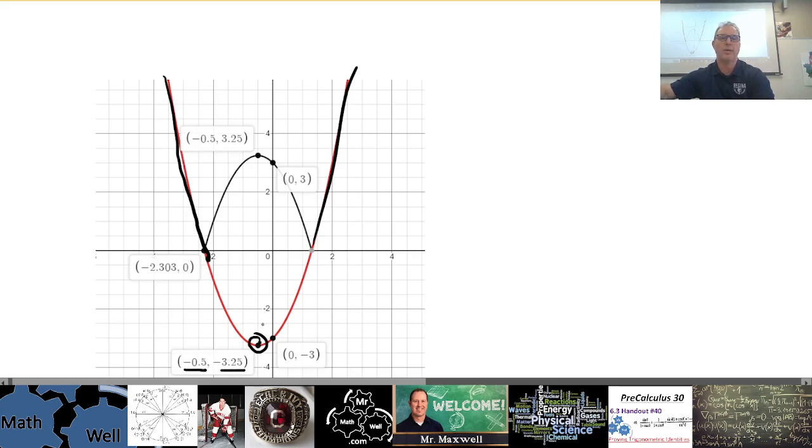That point transforms to negative 0.5, positive 3.25. So every y value gets jumped up to the positive version. Do you switch the positive y value and go down to the negative? No. You don't touch that one, you leave it. So all the positive y values stay the same, all the negative y values just get changed.